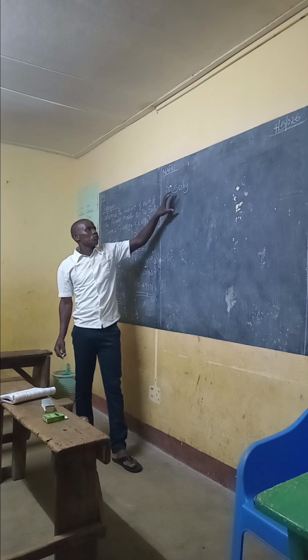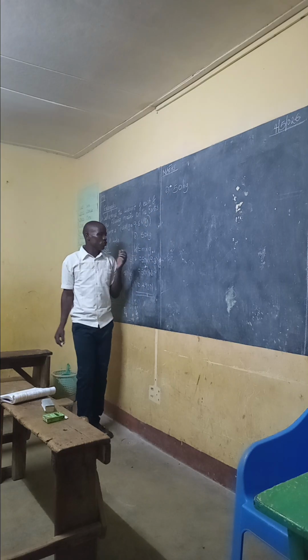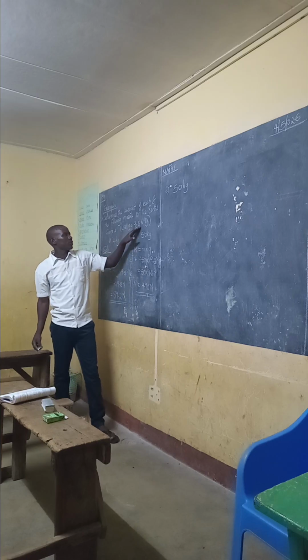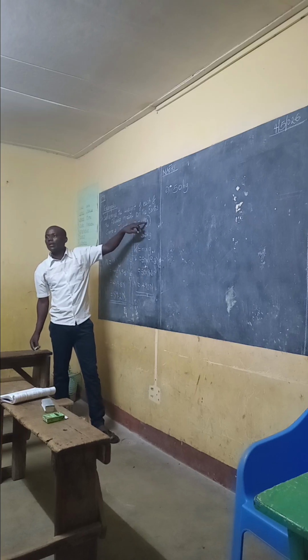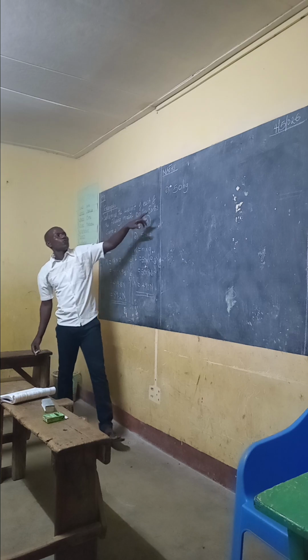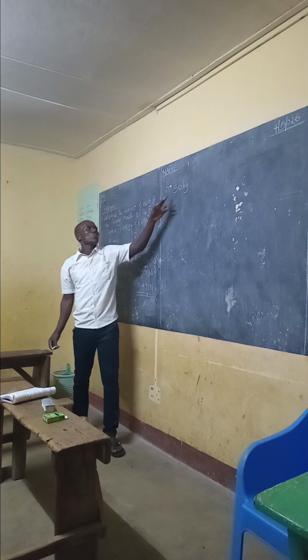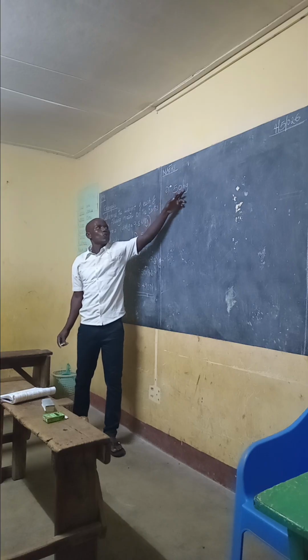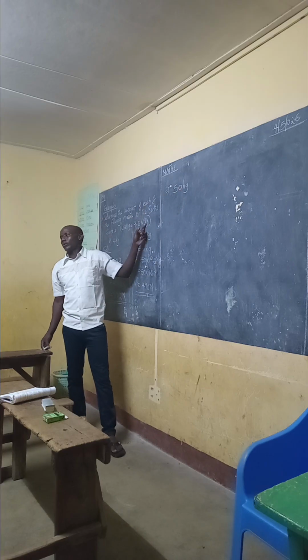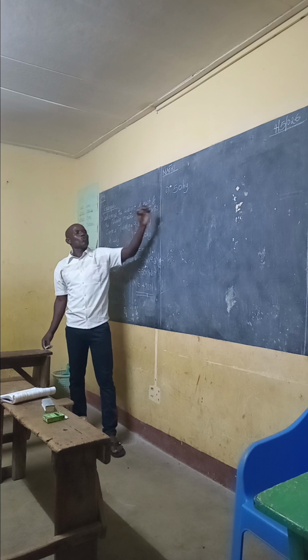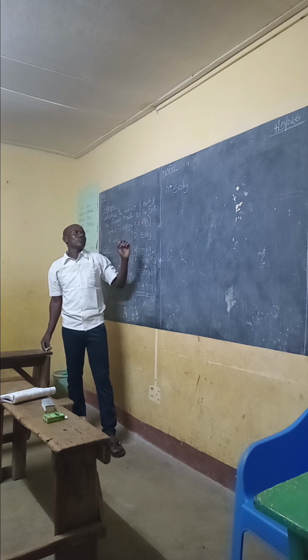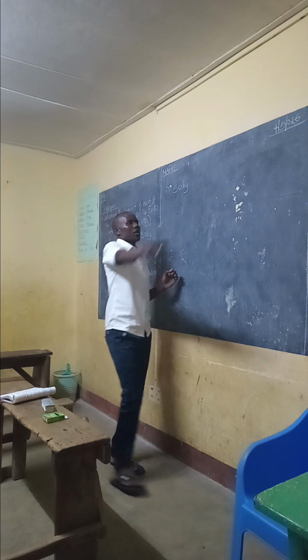Why do we convert to kilogram? The gravitational pull that we are going to use is in Newton per kilogram. So if you use hectogram, then the units are not going to tally. So you have to convert this to kilogram. Even if it is given in grams, you must convert it to kilogram. So you go back to our conversion.